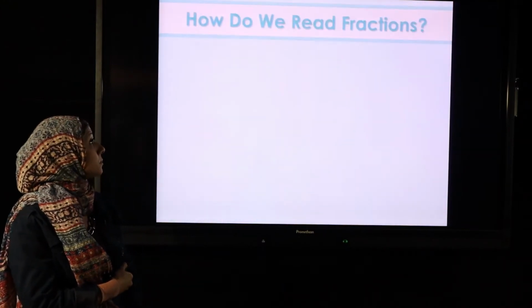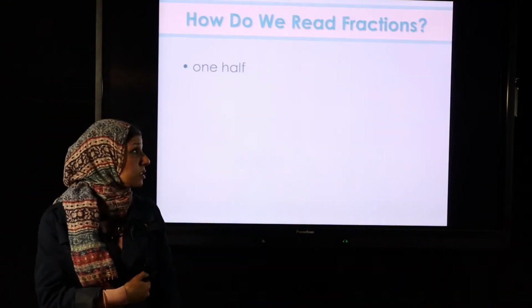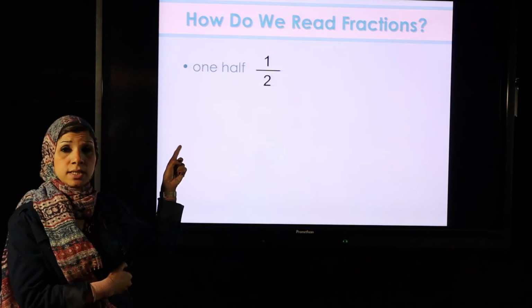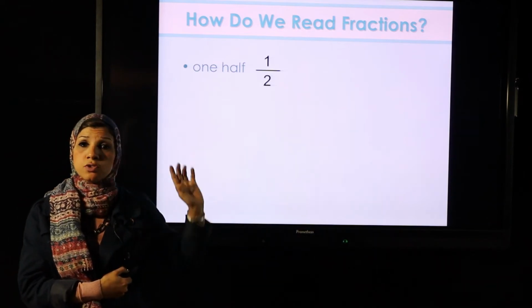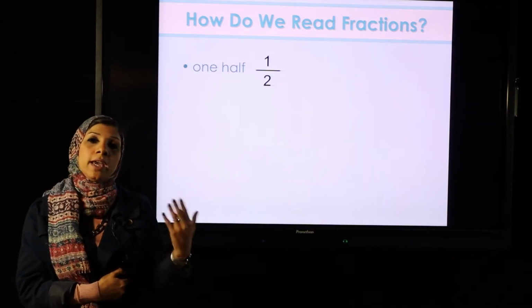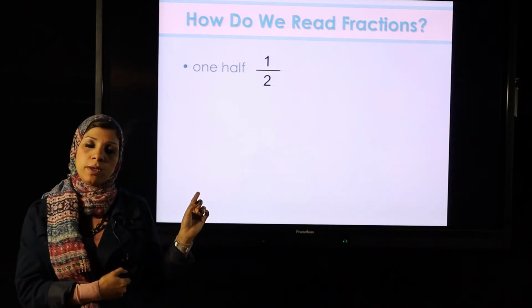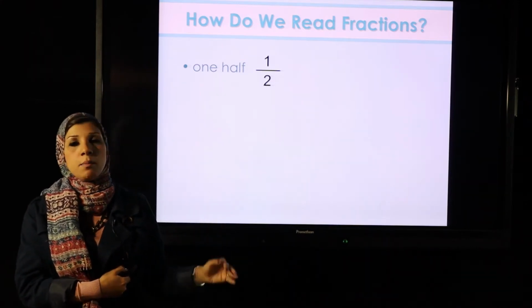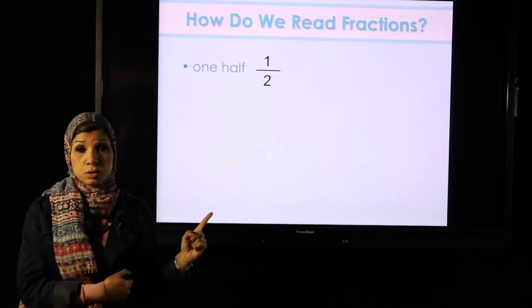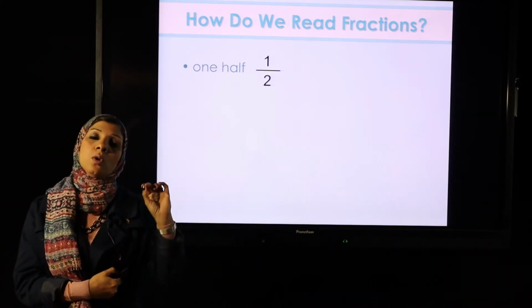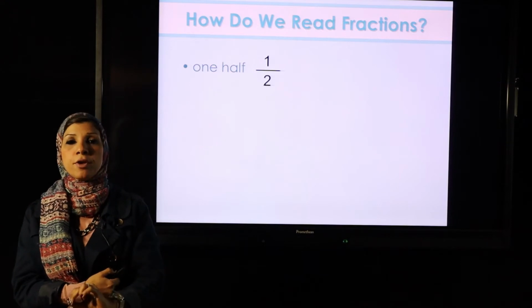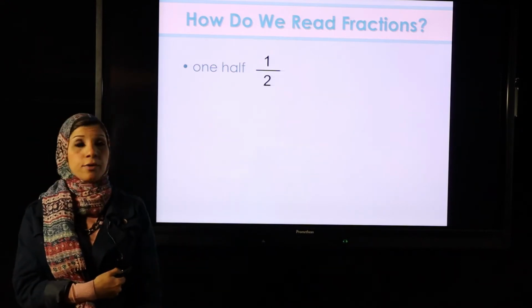Let's see how we can read fractions. This fraction is written as 1/2, but we can read it as we write it in letters. The number up, we write as it is, but the number down, we write as half, so it will be one half.